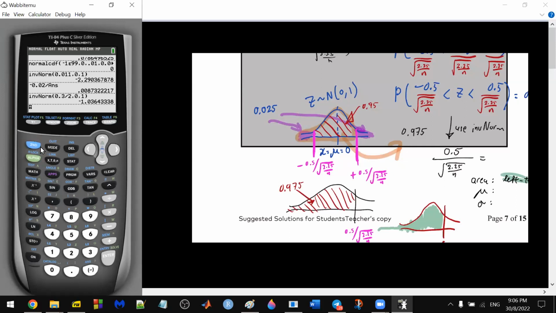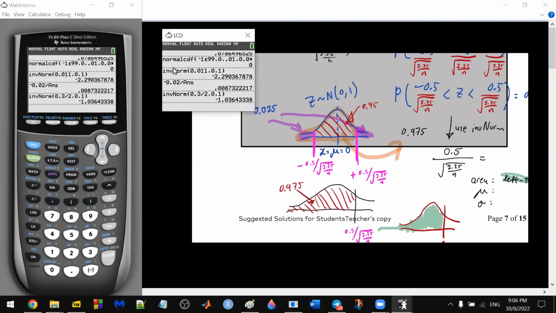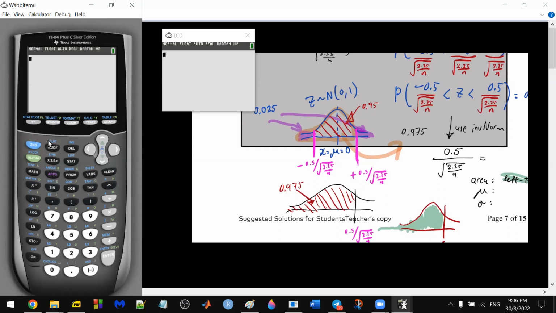Okay, so how to get that? Can I detach the LCD? Let's put it here. So what I need is inverse norm. I'll clear the screen first. So inverse norm: press second, then the distribution button, scroll down to inverse norm, and then for the area you must key in 0.9, what is it again?